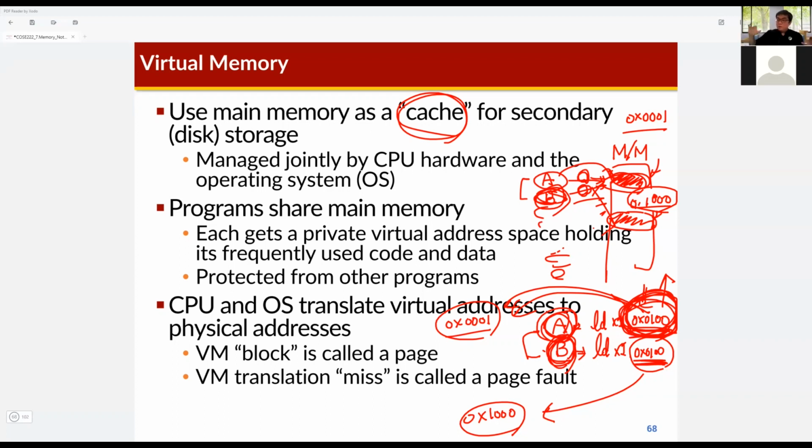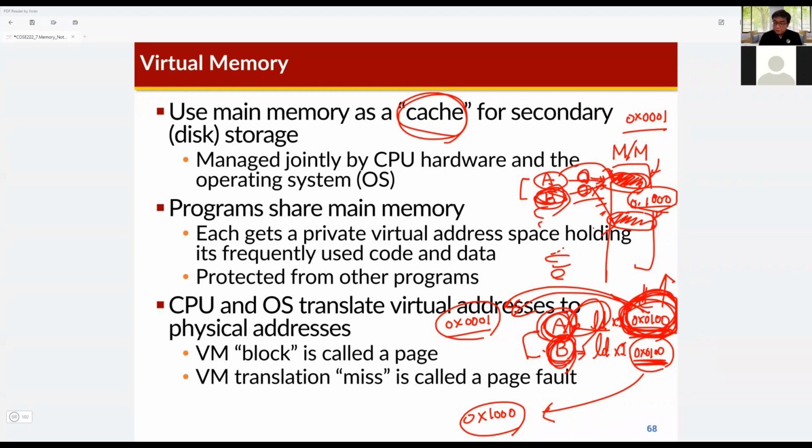Because the address accessed by the load instruction can be translated into a different physical address, the real address, that is also a benefit of virtual memory. The software engineers do not need to consider the situation where two applications run concurrently and share the physical memory space.